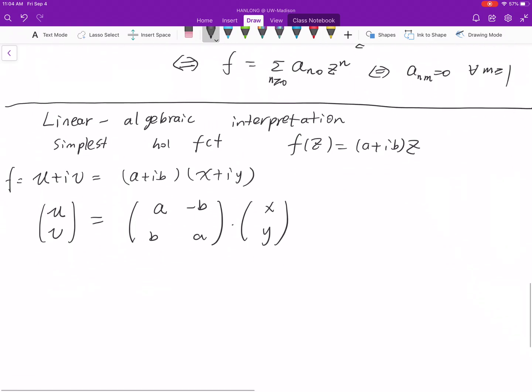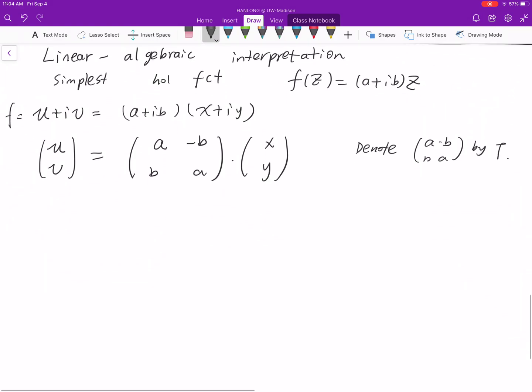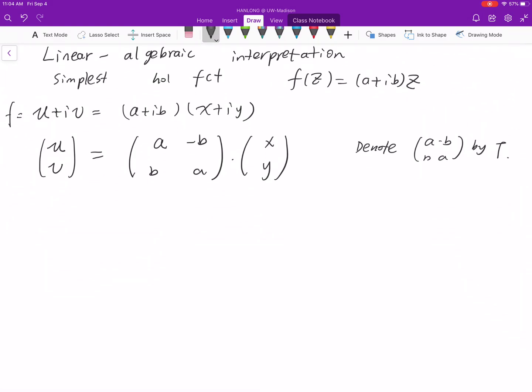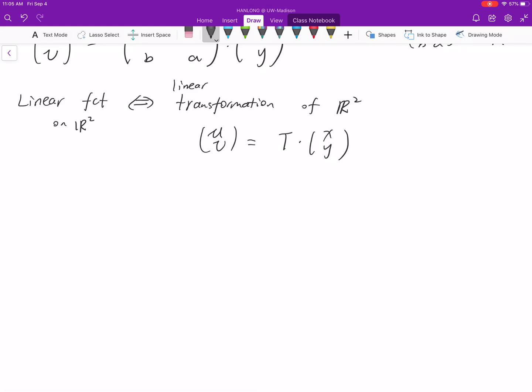This is a matrix product, and we denote the 2 by 2 matrix (a, minus b; b, a) by T. And then you see a linear function is equivalent to a linear transformation of R2. So (u, v) is just T times (x, y).